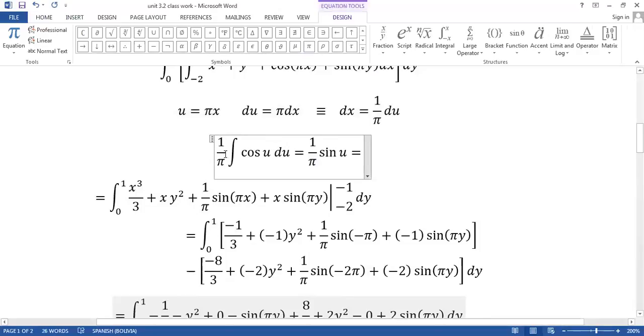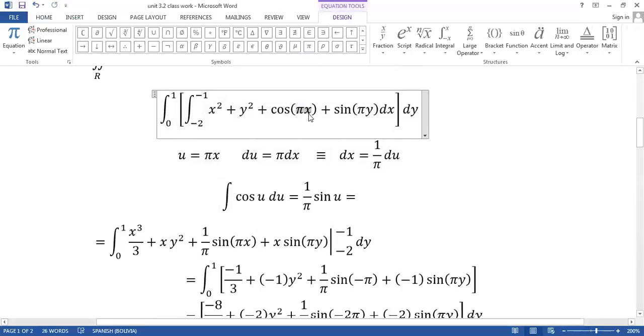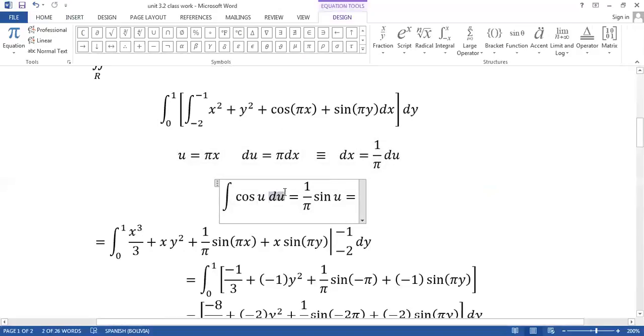In other words, let me do it in stages. After my substitution, my cosine u is cosine of pi x. So I substituted the u here, and I'm going to write my dx, and in writing, my dx is equal to 1 over pi du.